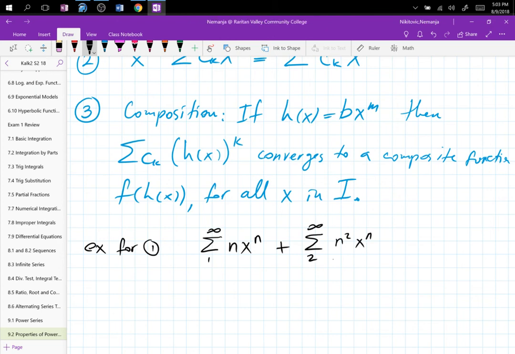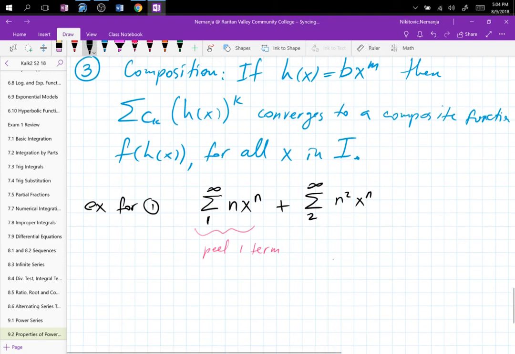Well, you can't simply combine these because they're not starting their counter at the same number. So what you're going to do is you are going to peel one term over here, and that will shift it so they start at the same point.